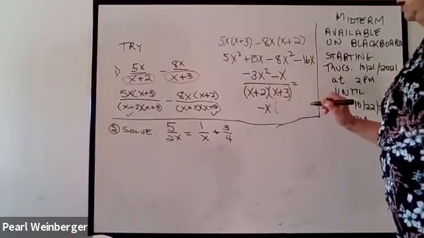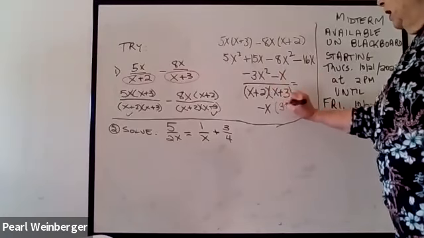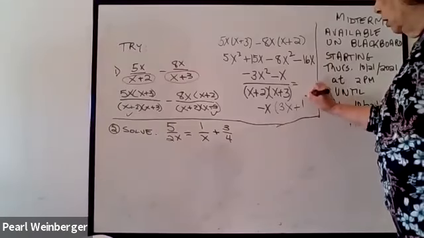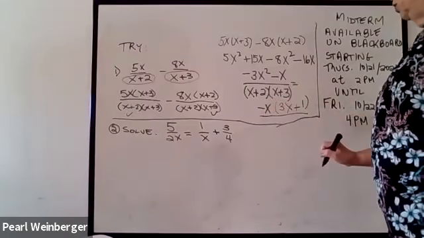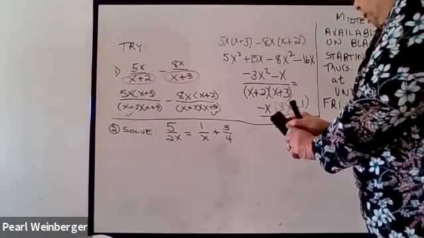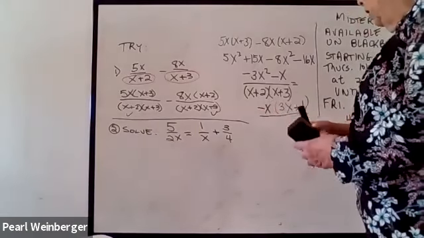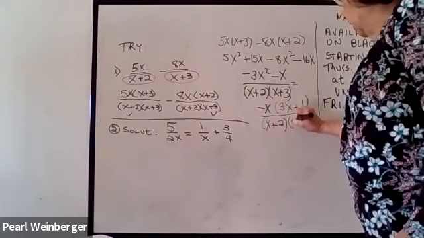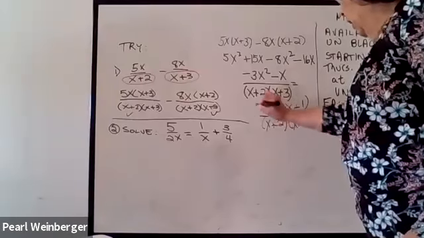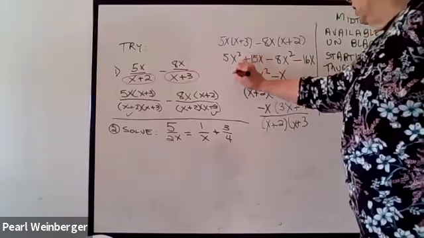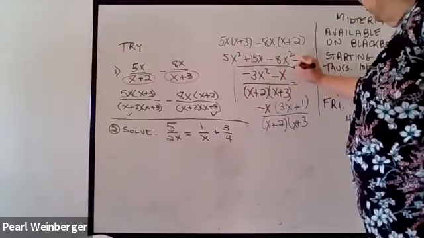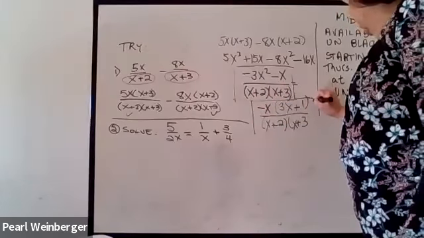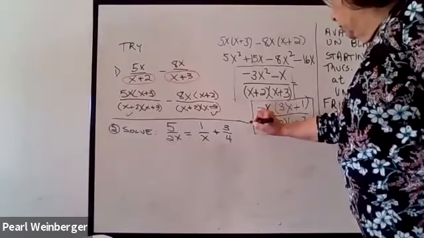If I take out a negative x, I'll get 3x, and negative x into negative x is plus 1, and that's all over the x plus 2 times the x plus 3. And either one of these answers are good answers.